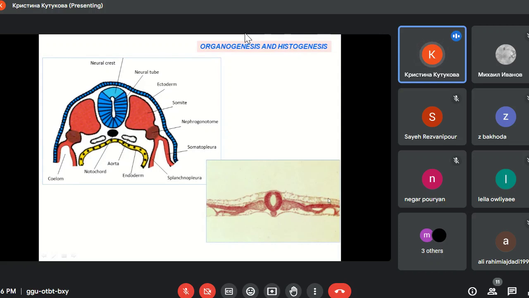It covers the embryo from outside. Here will be endoderm. Between them we see mesoderm with its somite stalk or nephrogonotome, and lateral plate mesoderm consisting of two layers: parietal or somatopleura and visceral or splanchnopleura. Here is notochord, and this is neural tube.